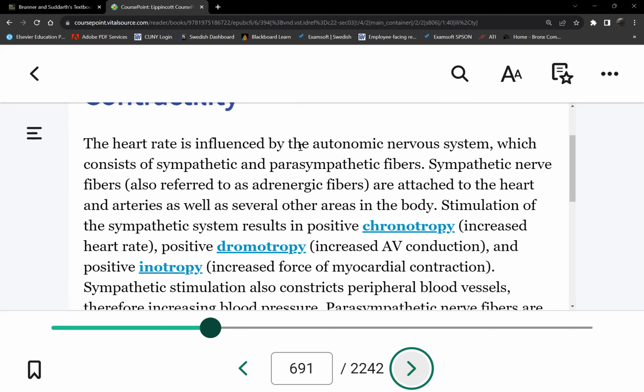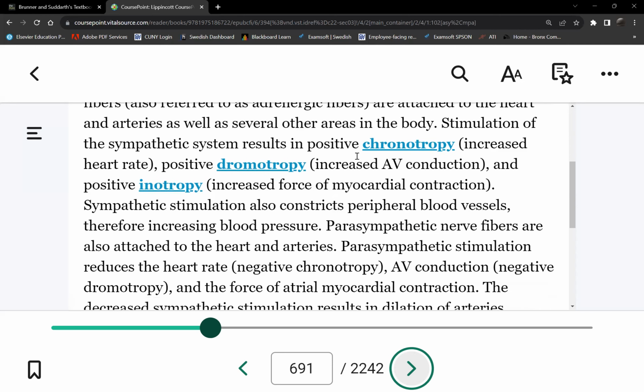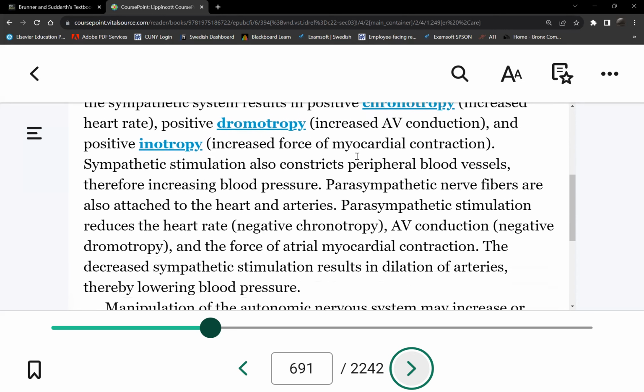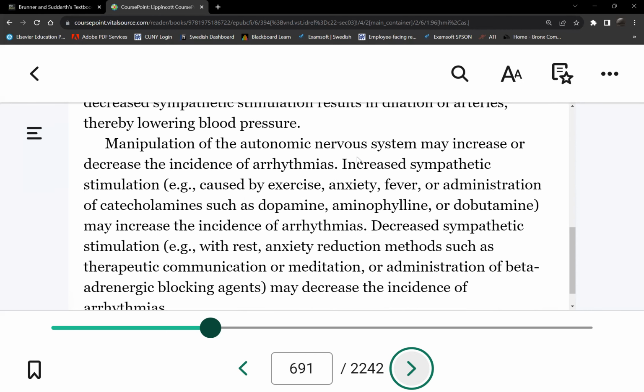Okay, so some examples here will be mentioned again when we get to the dysrhythmias because these are identified as common causes of dysrhythmias. For instance, if you drink a lot of coffee, you smoke, or these emotions mentioned here like exercise, anxiety, fever, these are all sympathetic stimulation, correct? Whereas some medications will also do the same.